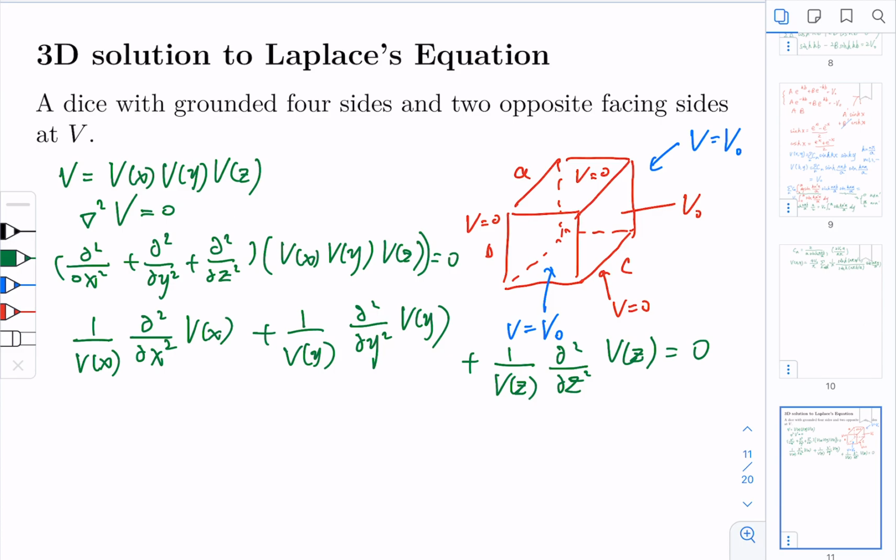Again, similar to the 2D situation, we really separate out completely the Vx, Vy, and Vz. So the first term only contains an expression of V of x, and the second term contains only V of y, and the last term contains only V of z.